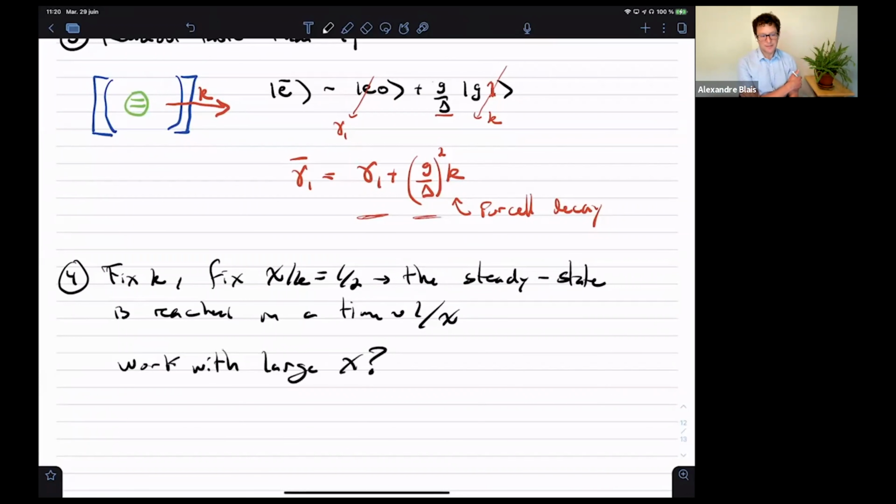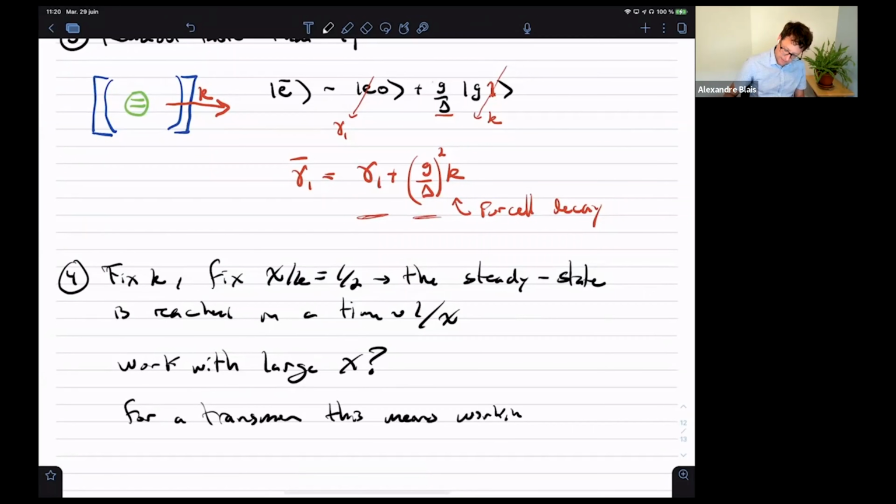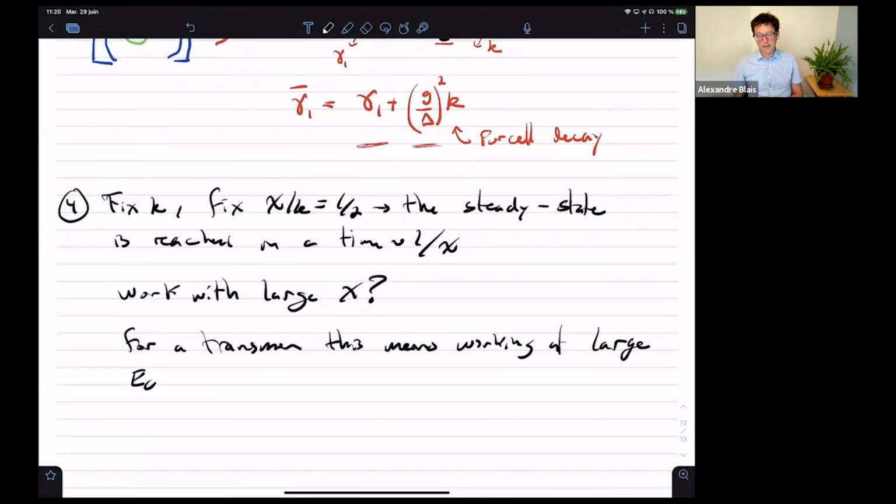There's a problem with that, obviously, because for a transmon, not for a two-level system like I've been talking about since the beginning of this discussion, but for a real qubit, for a transmon, this means working at large EC, at large charging energy. What is the problem with that?